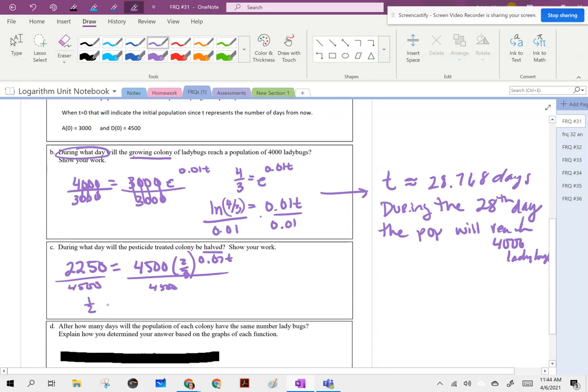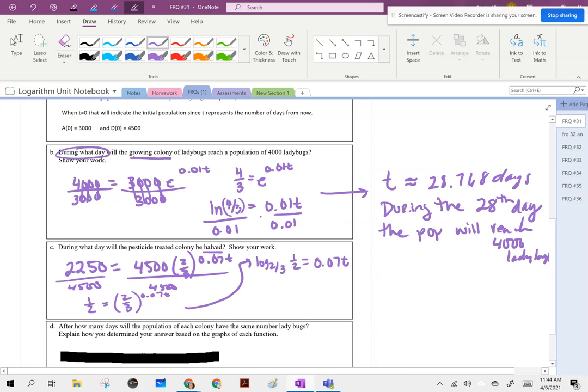So 1/2 is equal to 2/3 to the 0.07T. Now I can rewrite that with a log. The base is 2/3, and then 1/2 is equal to 0.07T.